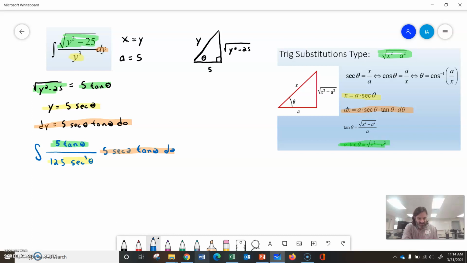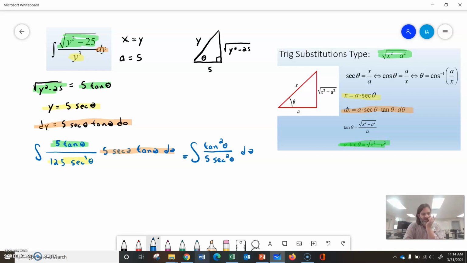I think we'll just kind of clean this up a little bit. So 25 on top, 125 on the bottom. That'll put 5 on the bottom. Looks like there'll be a tangent squared on top. And a secant will cancel out to leave a secant squared on the bottom, d theta.